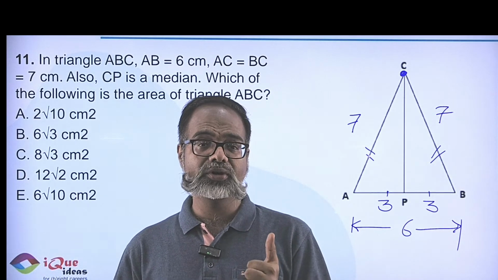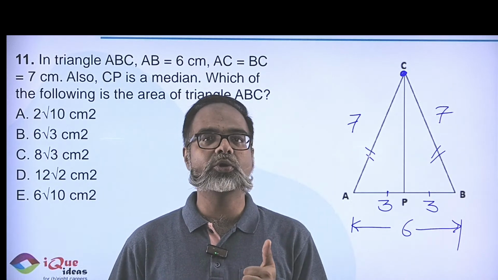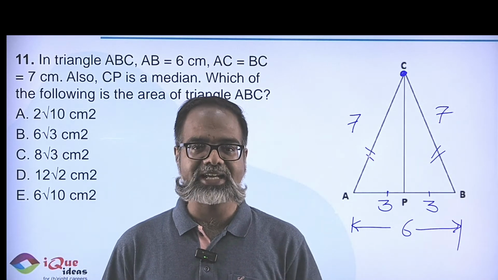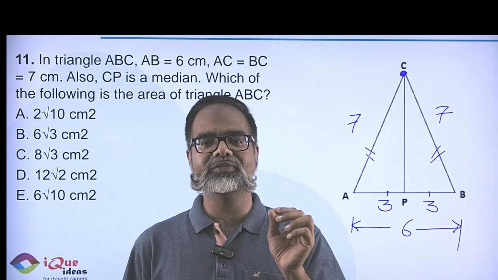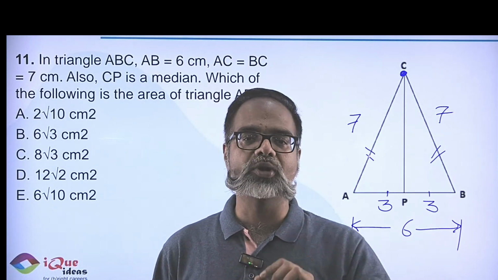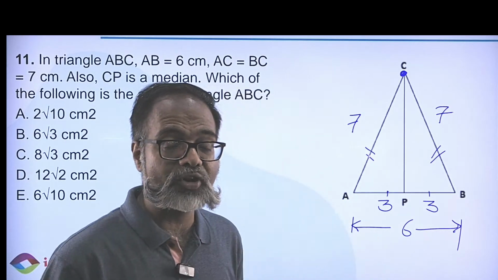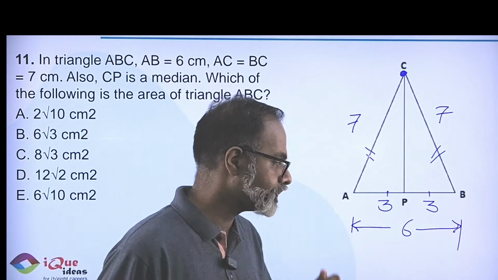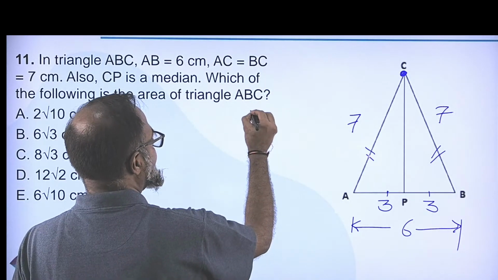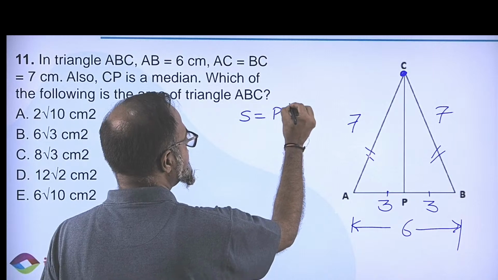If you are not very confident about guessing, it's not even guessing, actually it's logic, then without doing any guesswork, with a little bit of calculation, you can use Heron's formula. Do you remember Heron's formula for calculating the area of a triangle, all 3 sides of which are given? Well, S is defined as the semi-perimeter.